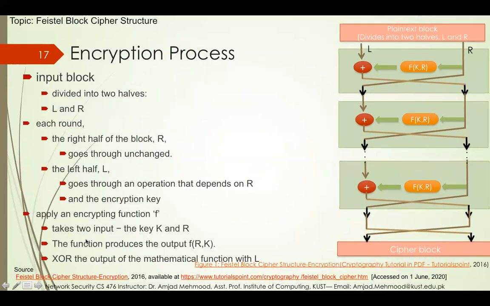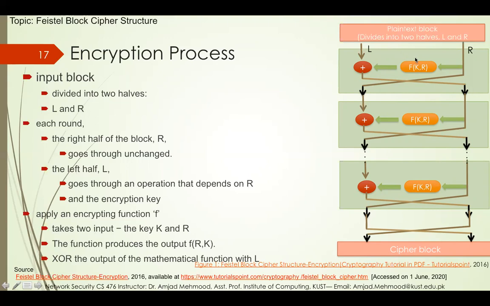So let's start with the process of encryption. In the process of encryption, you have an input. As this is a block structure, you will be considering more than one character at a time. The input block is divided into two halves: one is called the left half and the other is called the right half.